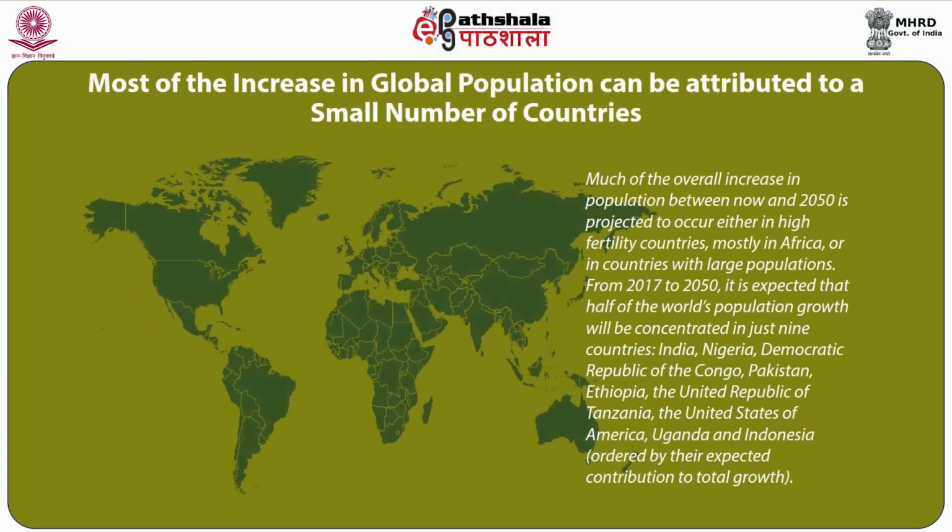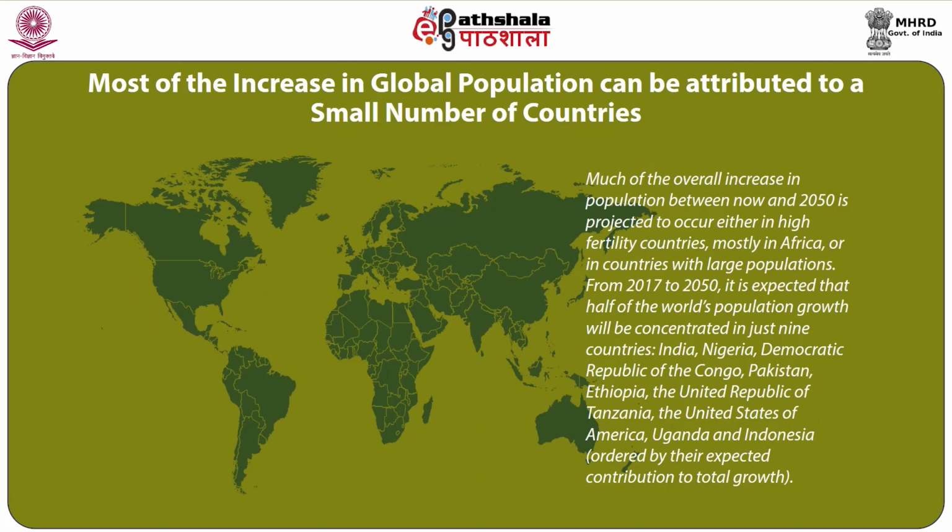What about the other cases where the increase in global population can be attributed to some of the small countries? Much of the overall increase in population between now and 2050 is projected to occur either in high fertility countries, that is mostly in Africa, or in countries with large populations.